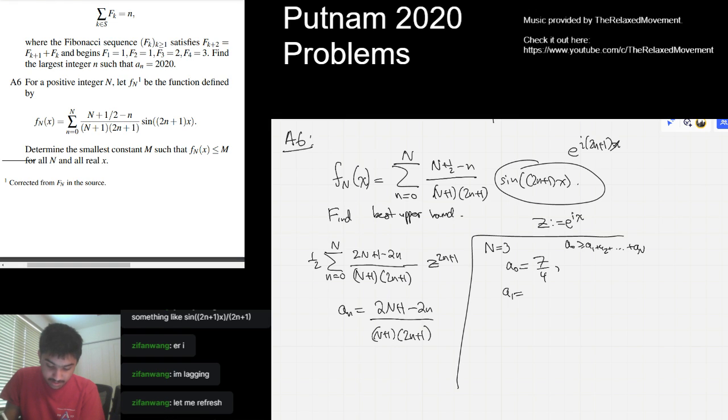So 7 minus, so that's 5, 5 over 4 times 3. In fact, I don't know why the capital N plus 1 is even here. Let's pull it out. It's completely unnecessary. It's just over 2n plus 1.